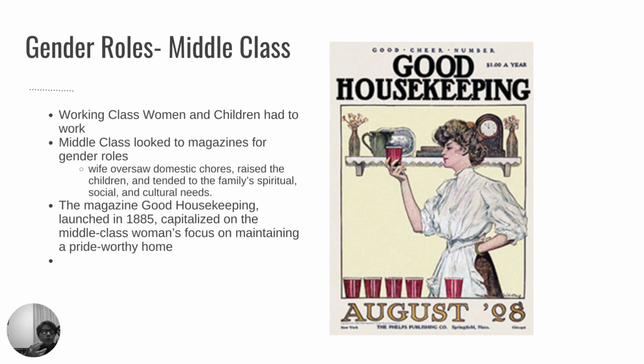Women are supposed to be in charge of the home and children and the spiritual and social and cultural needs of society. And so magazines like Good Housekeeping are trying to focus on women to have a pride-worthy home. And these are the middle class ideals. So when we get to consumer culture, a lot of it is targeted towards these women: buy this and make your family happy.